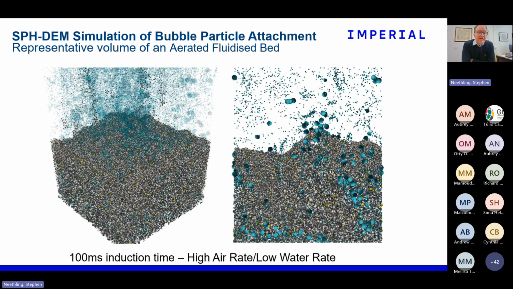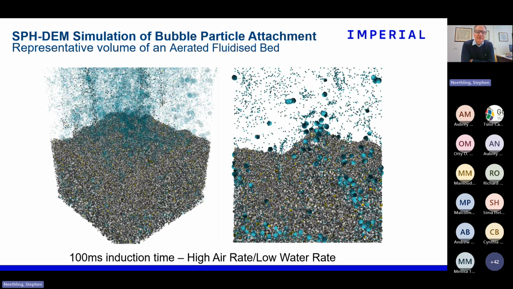We then also looked at doing it, rather than directly simulating every single bubble shape and surface tension, using a coupled SPH-DEM approach. So in this approach, we're looking at the simulation of fluidized bed flotation cells, but only looking at a small sub-volume. This sub-volume is 10 centimeters by 10 centimeters by 10 centimeters.